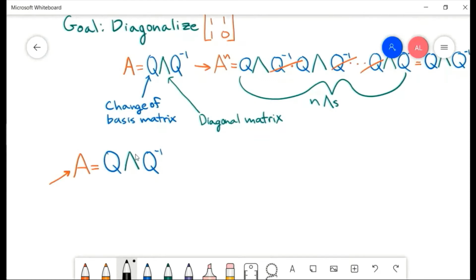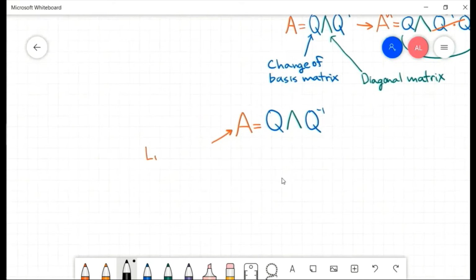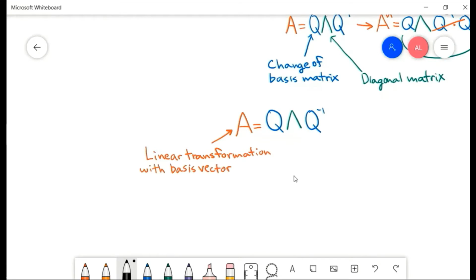So what if we have arbitrary matrices A, Q, and lambda? A is once again a linear transformation, but in our basis vector system. So this is like our normal linear transformation in I hat, J hat.